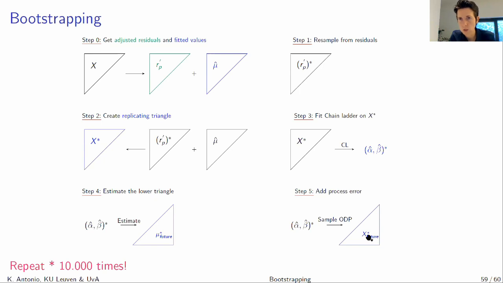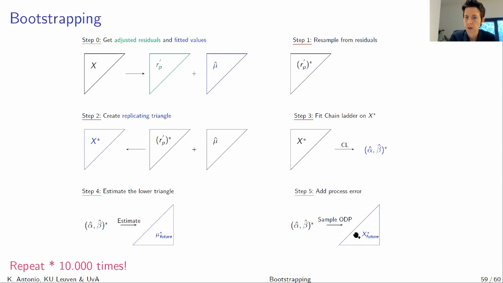Well, x star is from an over-dispersed Poisson distribution, which has as the mean the mu star that I have over here, and which uses as the dispersion parameter the one that I initially estimated for my triangle. So this last step is here to add the so-called process error, to go from a point estimate from the mean to a random draw from the distribution that I assumed originally.